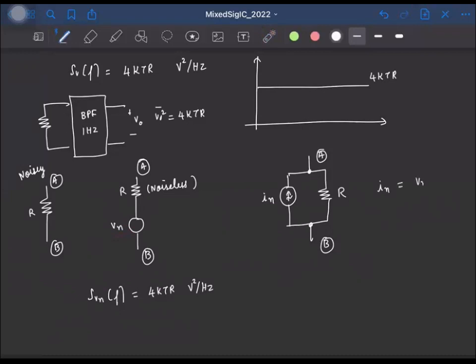It is simply Vn by R. So if I take the power spectral density of this noise current, S_In of f will be S_Vn of f divided by R square, because we are dealing with power now. So S_In of f is 4 kTR by R square, which is simply 4 kT by R, ampere square per hertz.